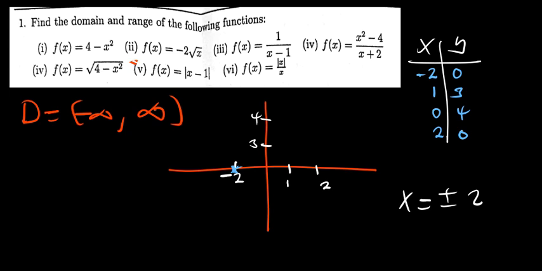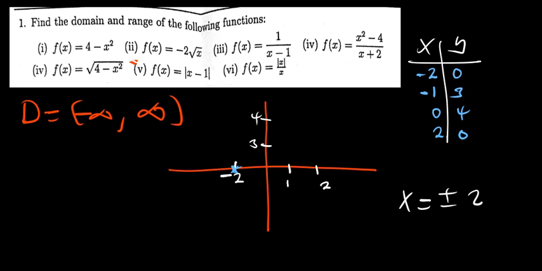So 1, 3, it should be where? In x 1, in y 3. Why are we not saying this? This should be negative 1, right? It's supposed to be negative 1 and not 1, because negative 2 then negative 1.